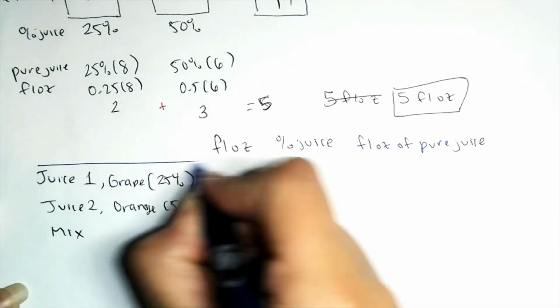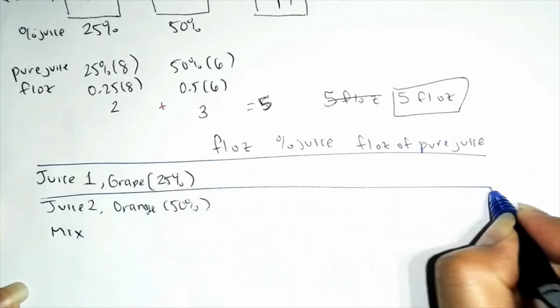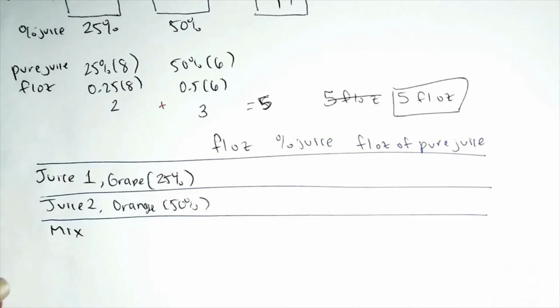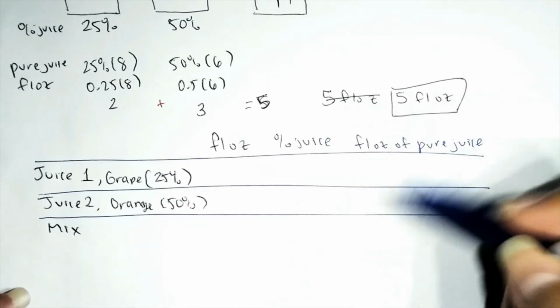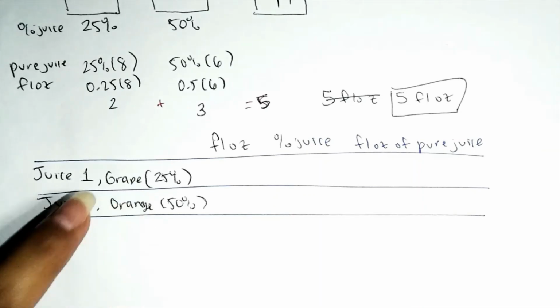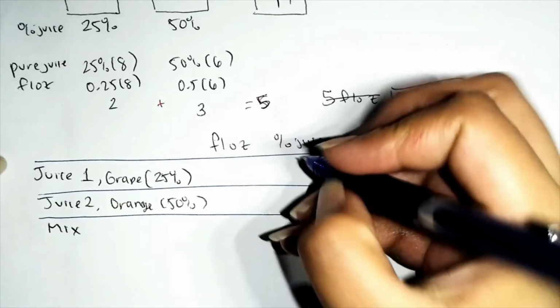Okay, let's put some horizontal lines. I'm not gonna do the third one because it messes with my flow. I know that in textbooks we have the vertical lines too, but I rarely put them because they get in my way. What I'm gonna fill in right now are the percents because we wrote them in parentheses. Grape is 25% juice.